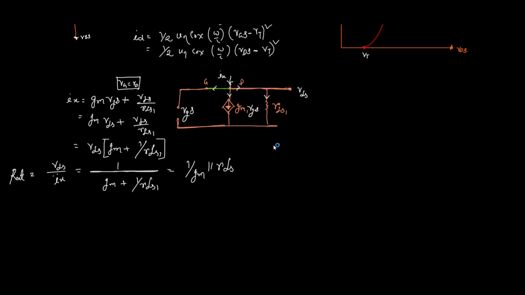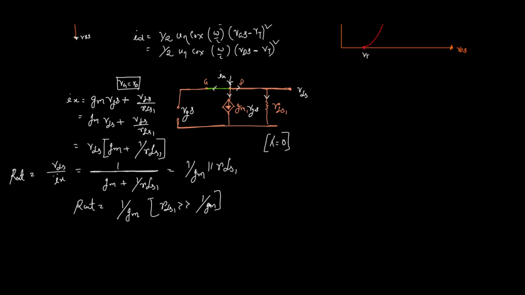So if we neglect the lambda effect, lambda equals 0, we can simply write that Rout equals 1 upon gm, because rds1 is much greater than 1 upon gm, right?